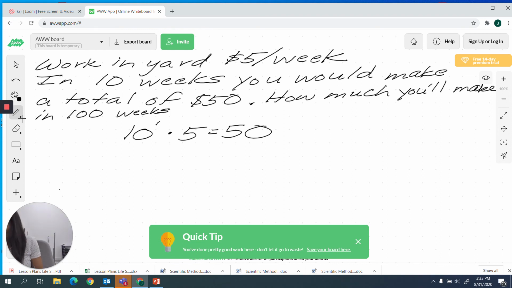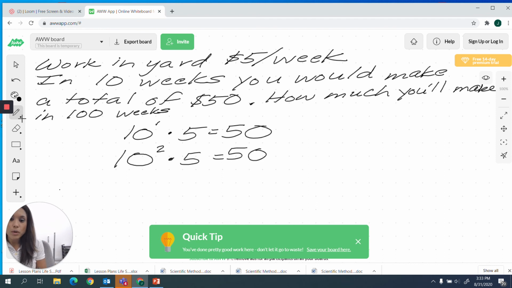Okay, so now what exponent do we need to have in order to make 100? What exponent would I put here? If you thought 2, you are correct. So this would be 10 to the second power times 5. So we want to multiply 5 times 1 is 5, and then add 2 zeros. So you would make $500 in 100 weeks of yard work. Doesn't that sound like fun?